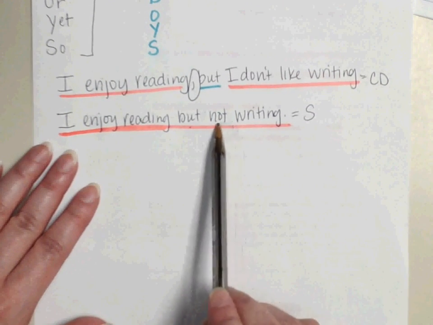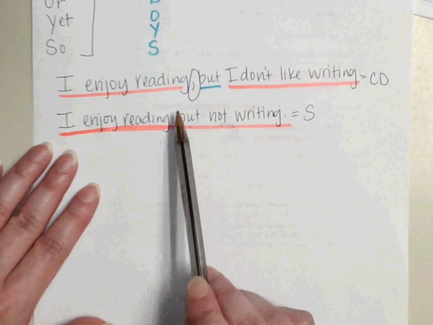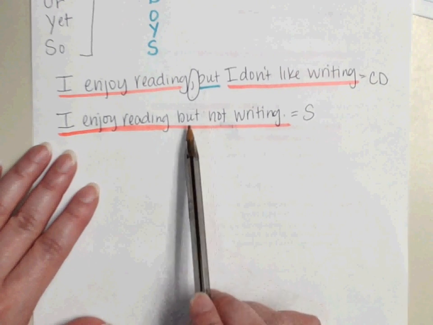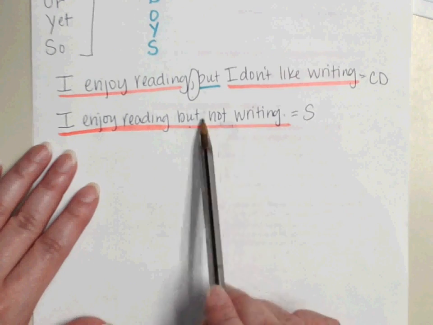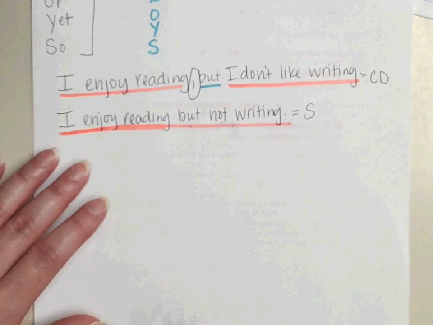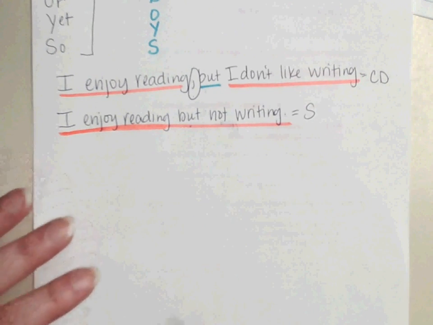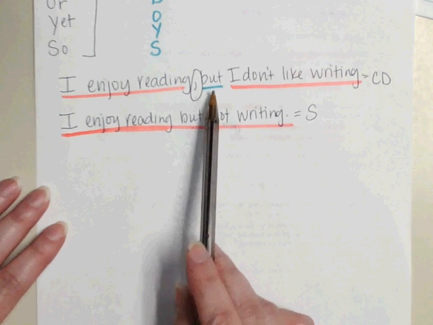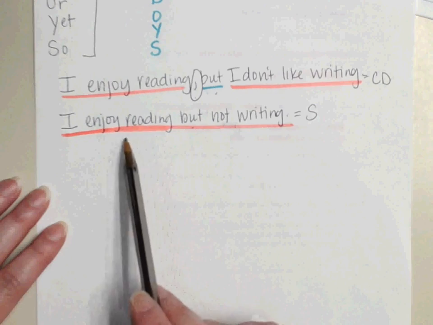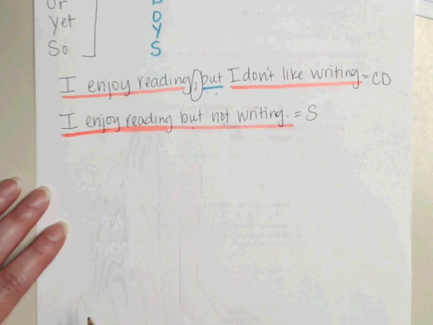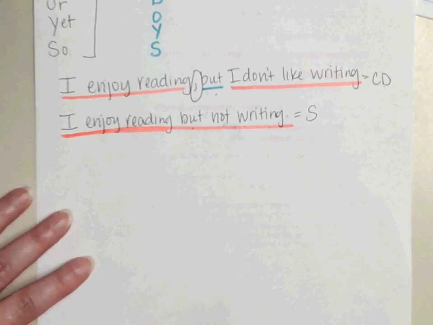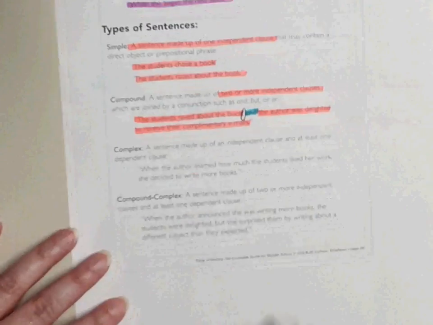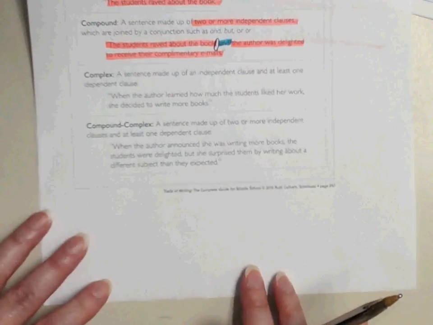No. If I had put I don't like writing, then it would have been two independent. Okay, so I don't add a comma with a conjunction unless you've got an independent clause after it. Does that make sense? That's probably the most important thing I can tell you today. Do not add the comma next to a conjunction unless you've got the independent clause on both sides. Good? Okay, flip back over.